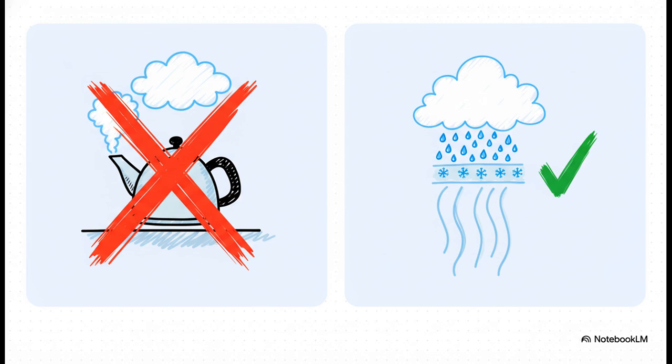Now, here's another subtle but super important point: how clouds actually form. Students often think of clouds as just being visible steam, kind of like from a tea kettle, but it's actually a true phase change. That invisible gas, the water vapor, has to get cold enough to condense back into billions of tiny liquid water droplets. That's what a cloud really is.